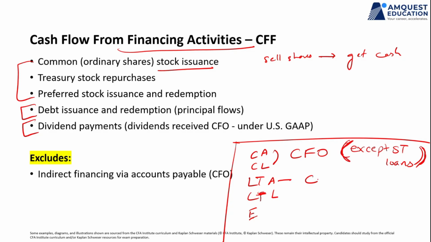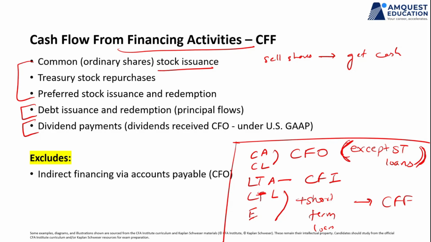Long-term assets are part of cash flow from investing activity. And both of these, long-term liabilities, equity, plus short-term loans, are part of cash flow from financing activity. So everything written on the balance sheet in current assets and current liabilities is part of your operating cash flow, except short-term loans.